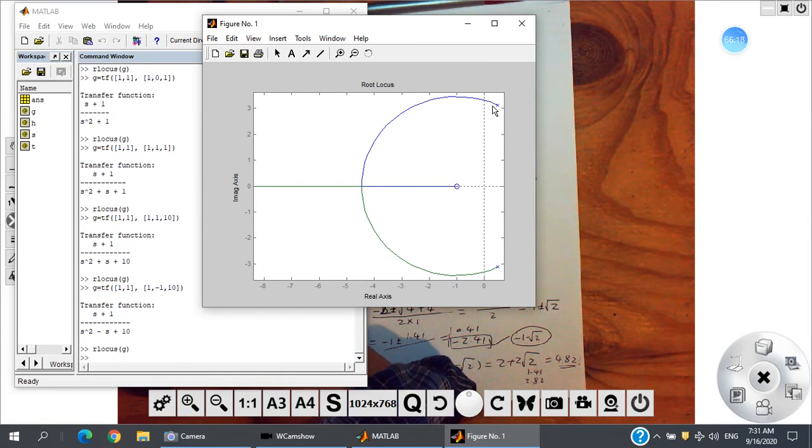When K is changing, the pole locations are also changing. When K increases from 0, at this point it's a marginal case. And when K is even larger, the system will become stable. All the poles will be in the left half plane.